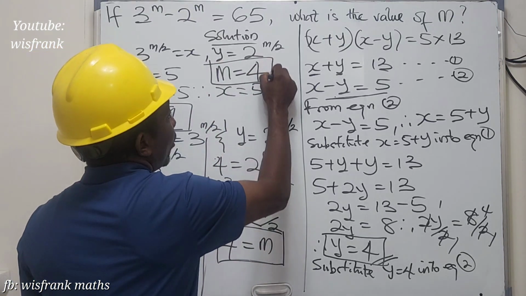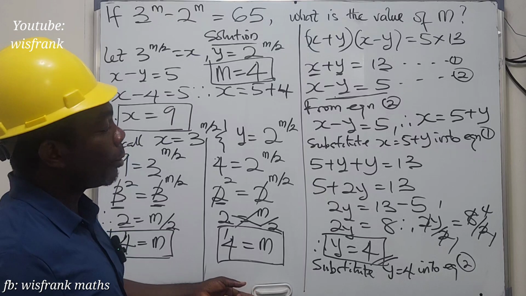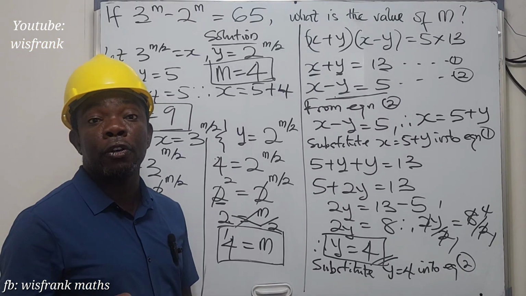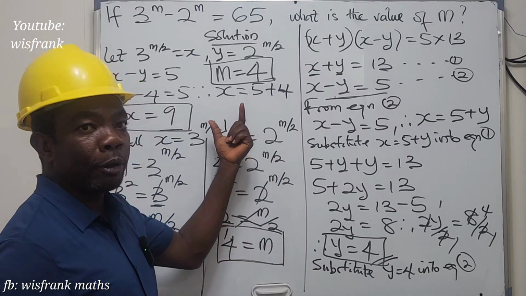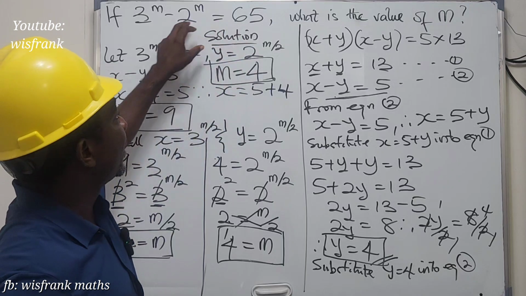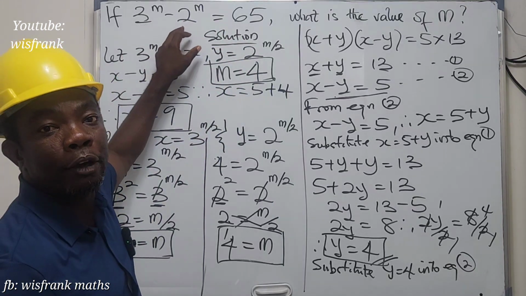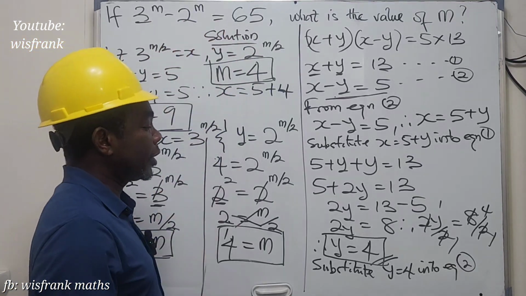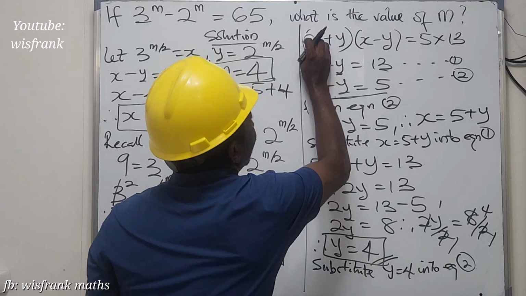So this is the value of our m that we've gotten from our solution. We can do a very little check to confirm whether m equals 4 will satisfy this equation: 3 to the power of m minus 2 to the power of m equals 65. We can do that real quick.